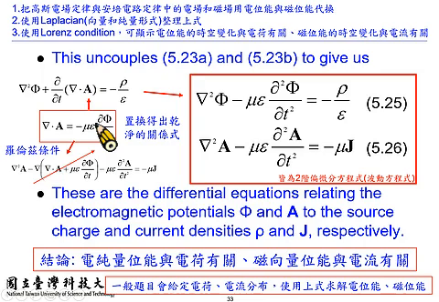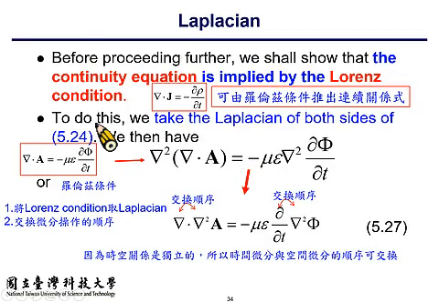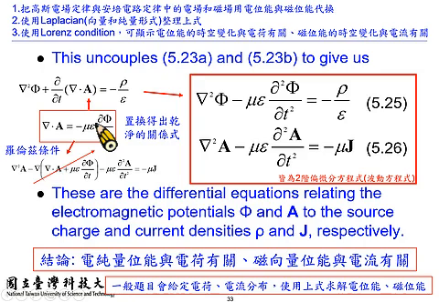So with the help of the Lorentz condition and the introduction of the electrical scalar potential and magnetic vector potential, we can successfully derive the relationship between charge source and current source with the potentials. All right. So these two relationships are very helpful in treating practical problems.